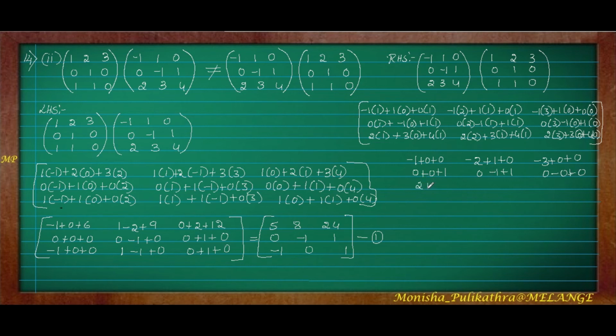So next 2 plus 0 plus 4. So 4 plus 3 plus 4 and 6 plus 0 plus 0. So here the answer will be [minus 1, minus 1, minus 3; 1, 0, 0; 6, 11, 6].